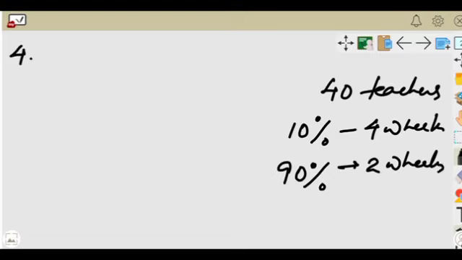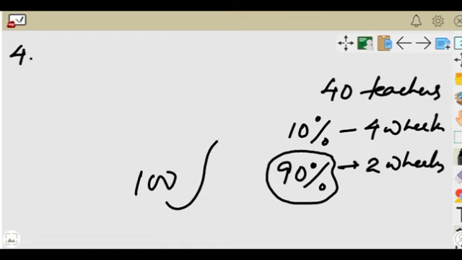The question is telling us to find how many teachers have their own two-wheelers. But in the question, this 90% is not given to you directly. I'm just finding out of 100, 10 has gone, so the remaining will definitely be 90. With that logic, I'm writing here 90%, but this 90% is not disclosed by the question.